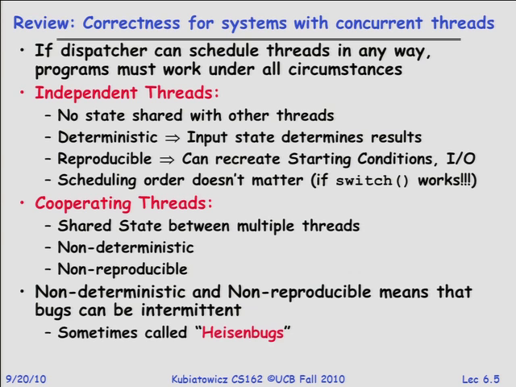I'm hoping that at the beginning we scare you enough into making sure that your threads that are sharing state have been designed cleanly, so that state sharing does not lead to weird answers. That's going to be our goal of synchronization. That's the topic of today. Okay. So, any questions on this before we go on?